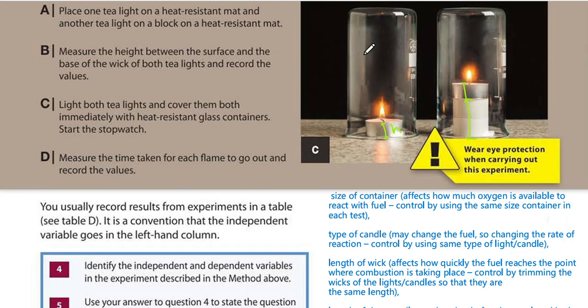Only the oxygen available inside is there for it to use for combustion. So the height of the jar or the cover you are using here, the size of the container, has a huge effect on the amount of oxygen that's readily available inside to burn.